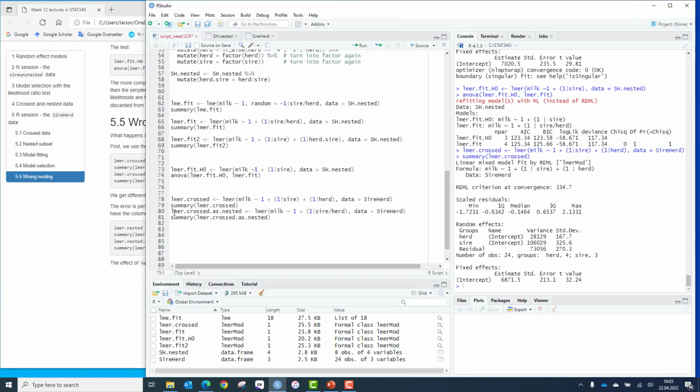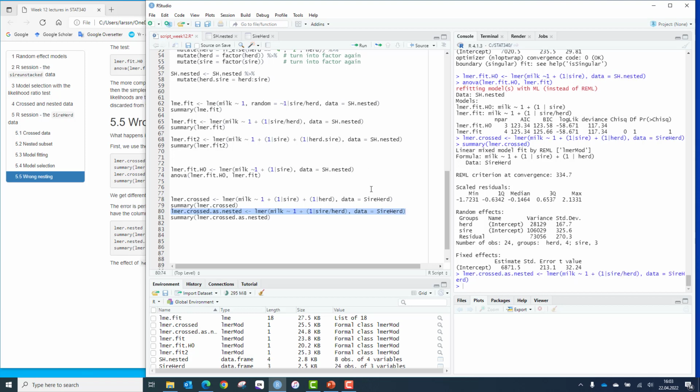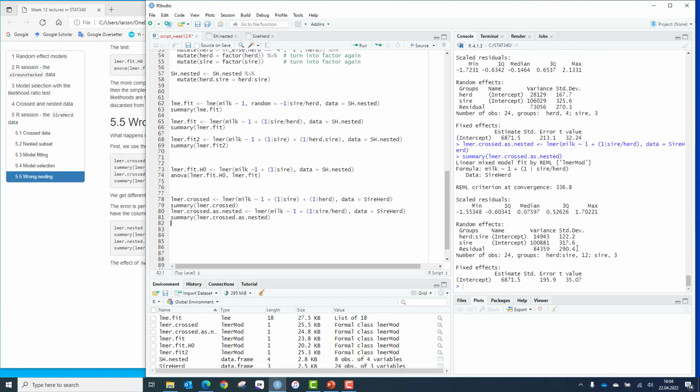If we go back and do it wrong, if we actually think that herd is nested in sire, but it's not, what happens then? You can see that fitting the model is not a problem. What is the result? It changes a little bit, but not super much. If you look at the standard deviation for sire, 325 to 317, not super much difference.